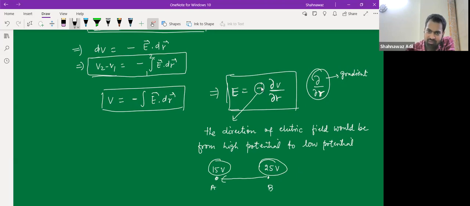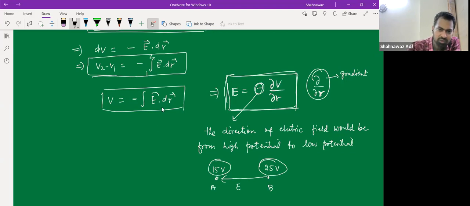So this minus signifies that we always take the direction of electric field from high potential to low potential. This is what is meant by this negative sign and gradient.